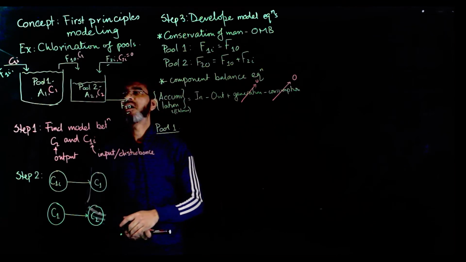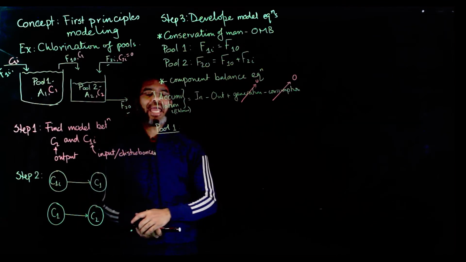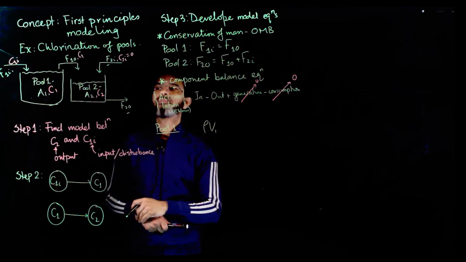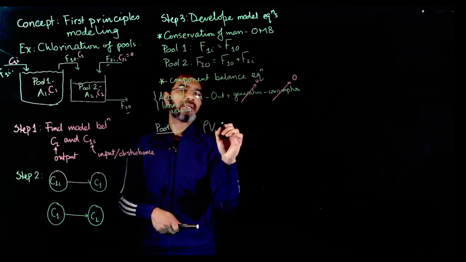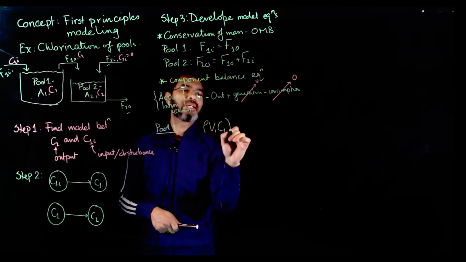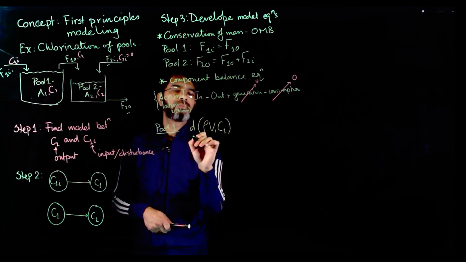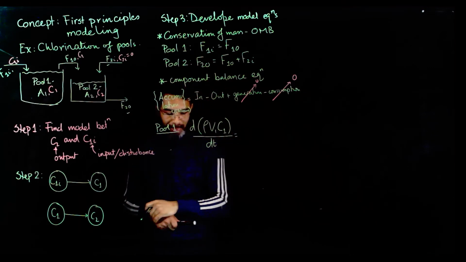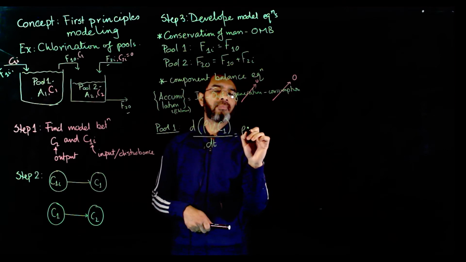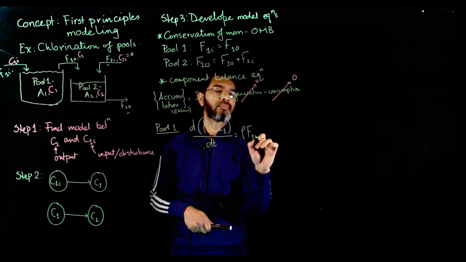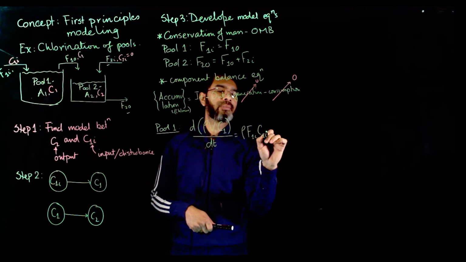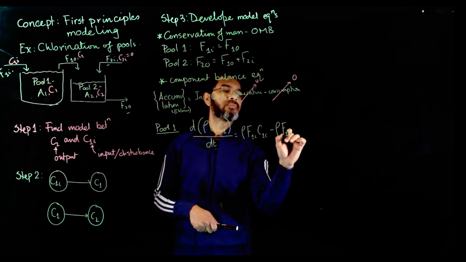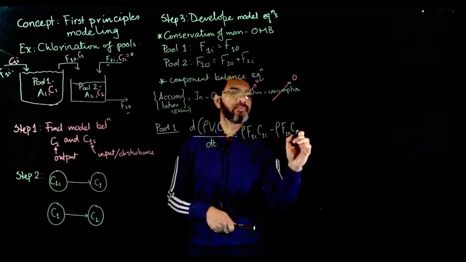So the mass of chlorine in tank A, which is rho V1, that is the mass of total liquid, times C1, mass of chlorine, rate of change with time equals in will be the mass of liquid coming in times the concentration of liquid, minus mass of liquid going out times concentration C1.